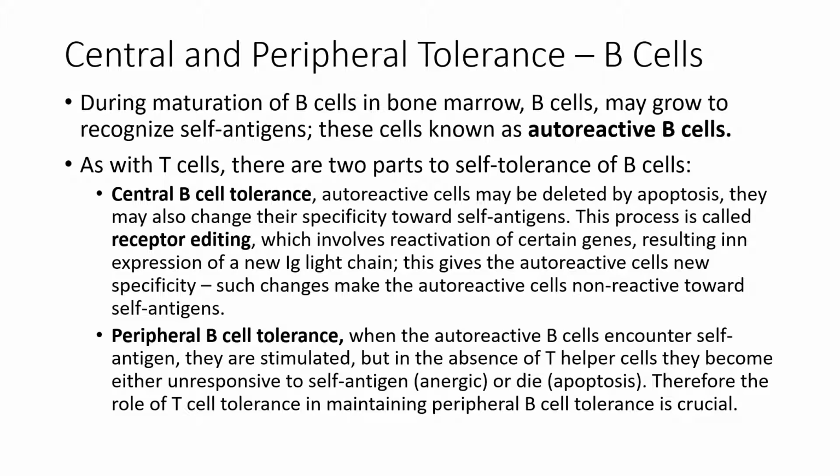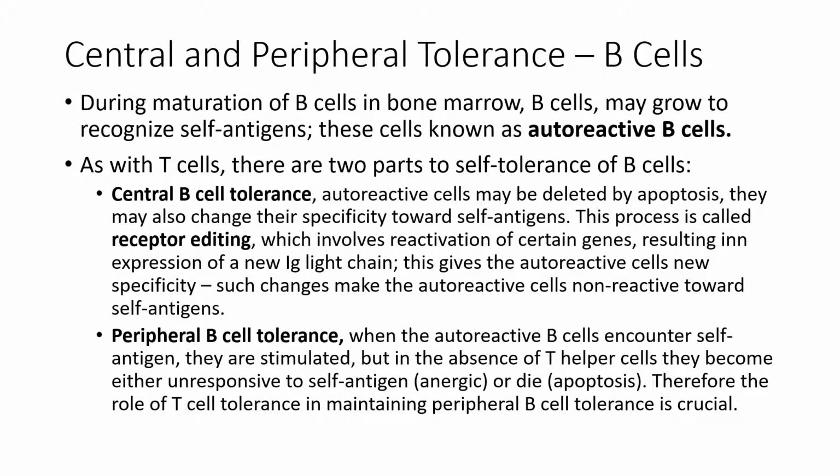This will delete the receptor, or the particular kind of antibody that B cell can manufacture once it becomes a plasma cell, and change the genes, rearrange them, and result in a new specificity for a new antibody. In other words, it becomes no longer a self antibody.